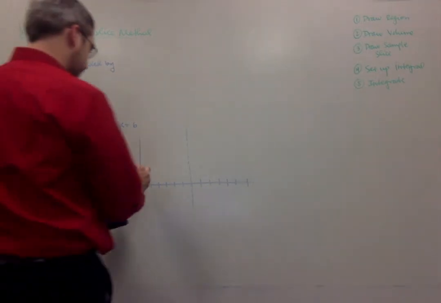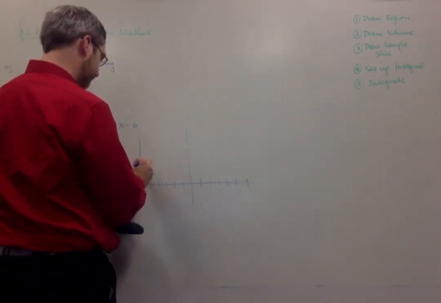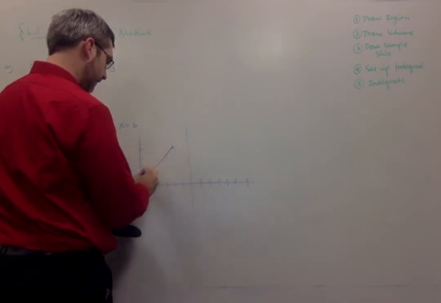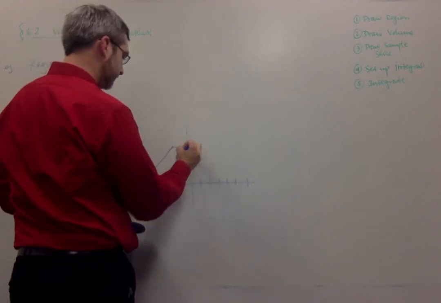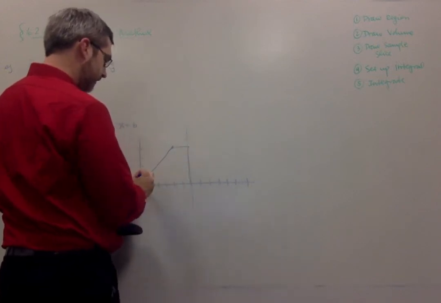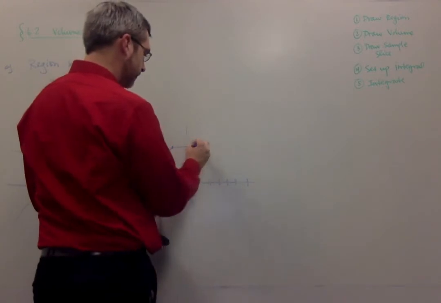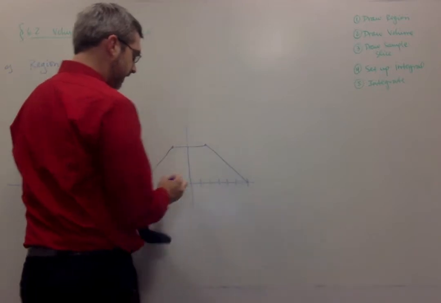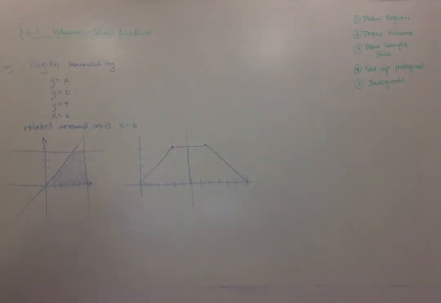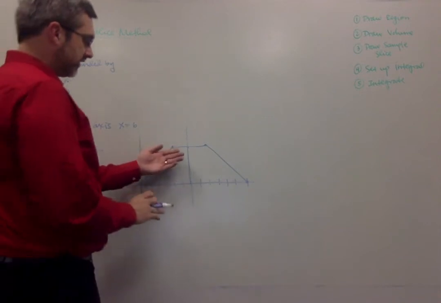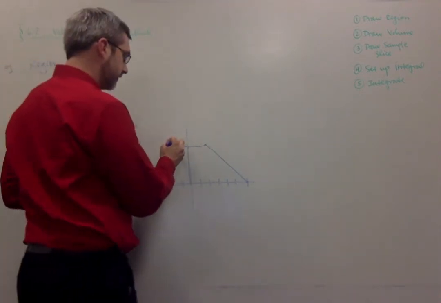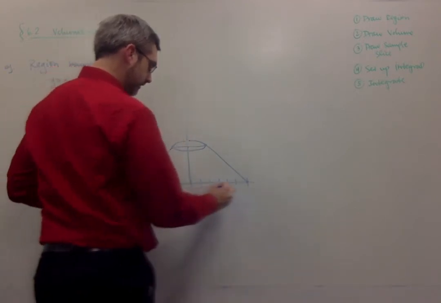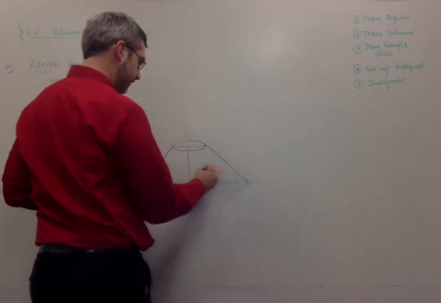So we're going to go up 4. So we're going to have a line right there, and then this is going to be flat right here. So our region looks like that. And therefore our other region is going to go over 2, and then go down in a straight line like that. Okay? And if we're rotating this side over, it's going to look like this. Like an elephant drum, kind of.